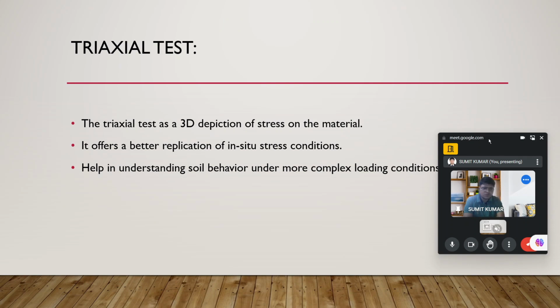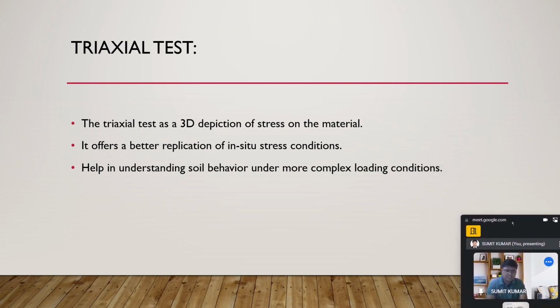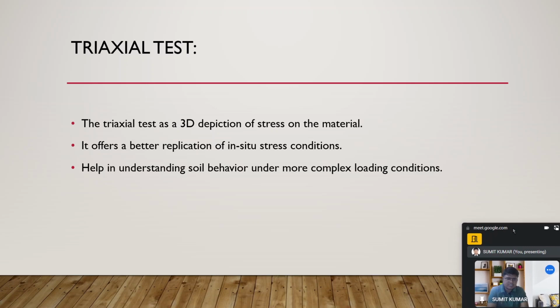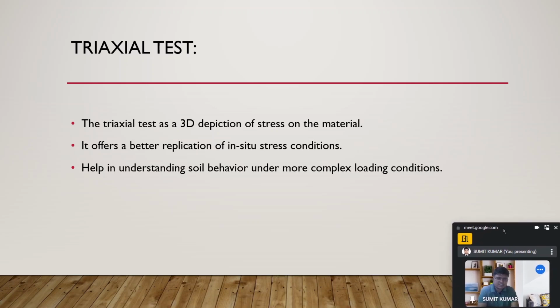Okay, so what we mean by the triaxial test: we want to understand what the triaxial test is, what apparatus we are using, and how we are performing the test. Triaxial test is a 3D dissipation of stress on a material.